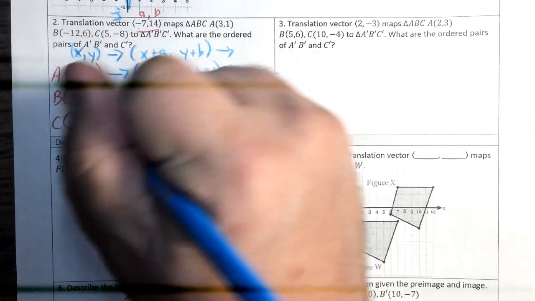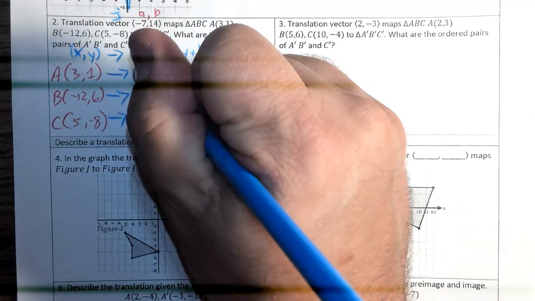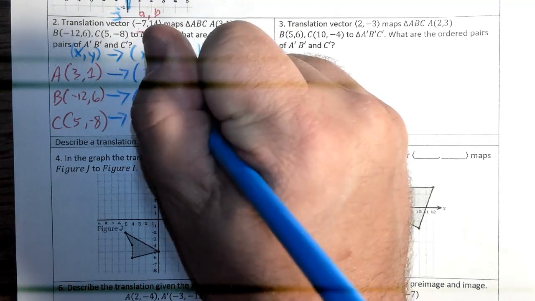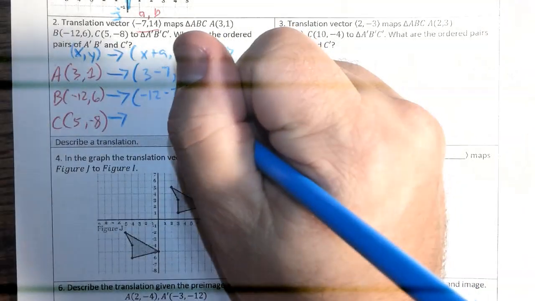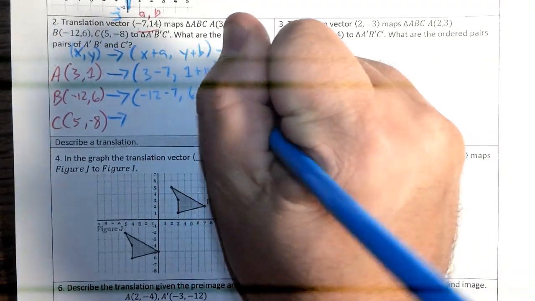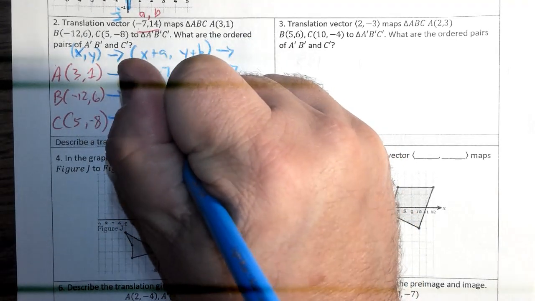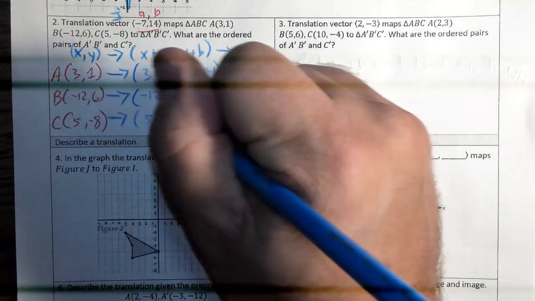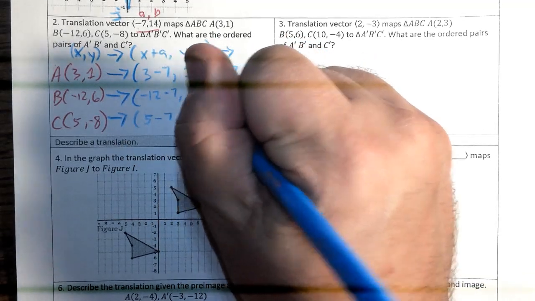Okay. B, our x is negative 12. Our A is negative 7, so I'm just going to go in line after that. Our y is 6, plus our B is 14. C, 5, minus 7. Negative 8 is our y, plus 14.